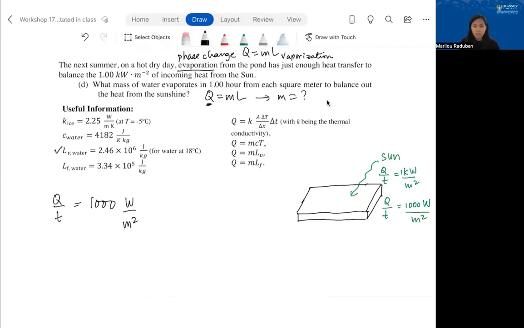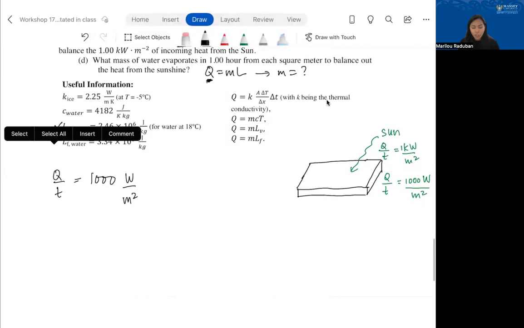For us to figure out what the mass is, we need to figure out what Q is. Q is the amount of heat that's transferred in order to evaporate water from the pond.